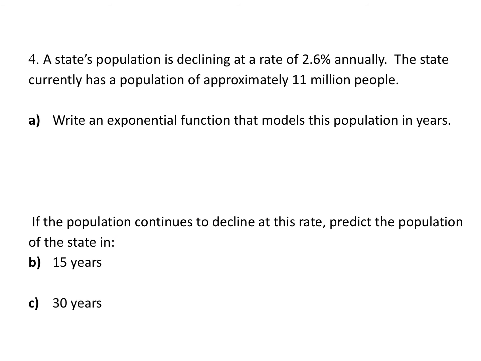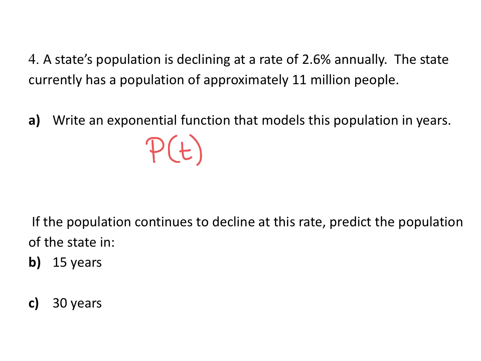The last example is another population example. A state's population is declining at a rate of 2.6% annually. The state currently has a population of approximately 11 million people. Write an exponential function that models this population in years.